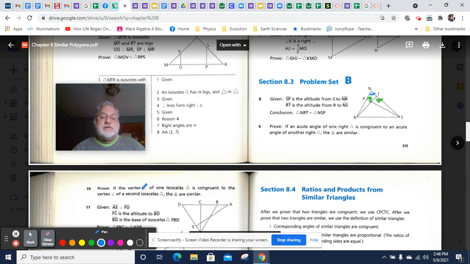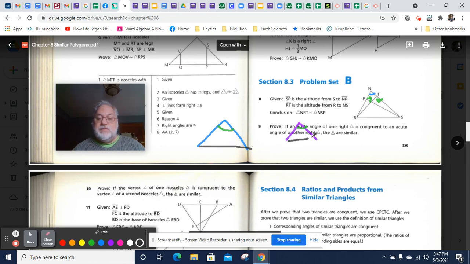And if the vertex angle of one isosceles triangle is congruent to the vertex angle of another one, so here's my isosceles triangles, and they are different sizes, but if I know that this vertex angle is the same for both of them, well, the two base angles, so here's my base.